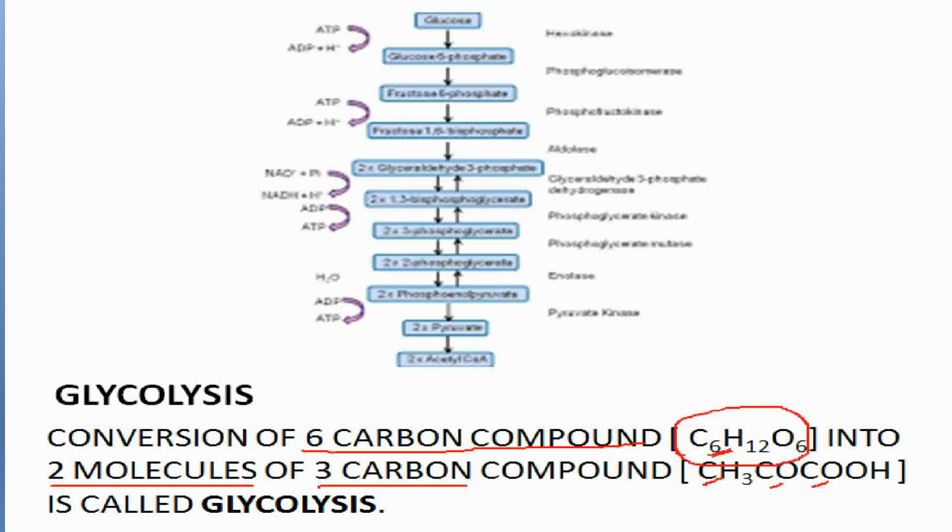So conversion of glucose into pyruvic acid is called glycolysis. Or else we can say the conversion of a 6 carbon compound into 2 molecules of a 3 carbon compound is called glycolysis.